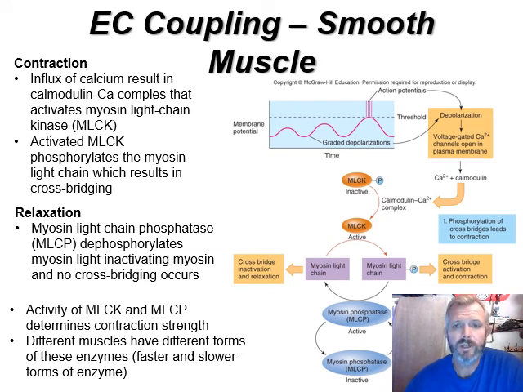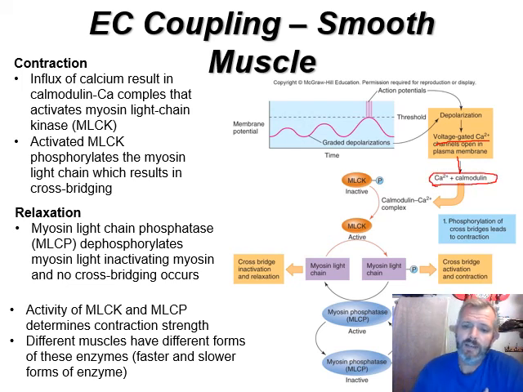What happens with our smooth muscle? There are voltage-gated calcium channels. The depolarization, the excitation of the muscle cells, opens these voltage-gated calcium channels, which is going to bring calcium in. Calcium is going to bind to calmodulin.